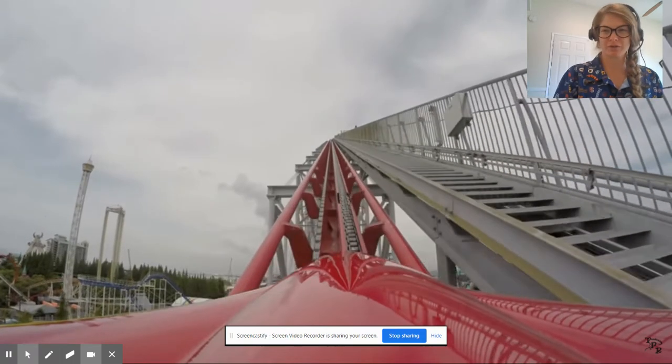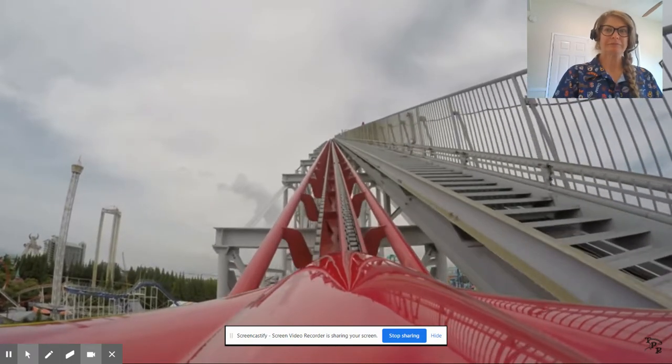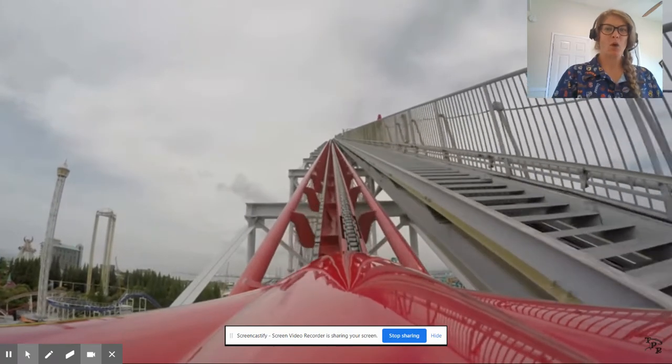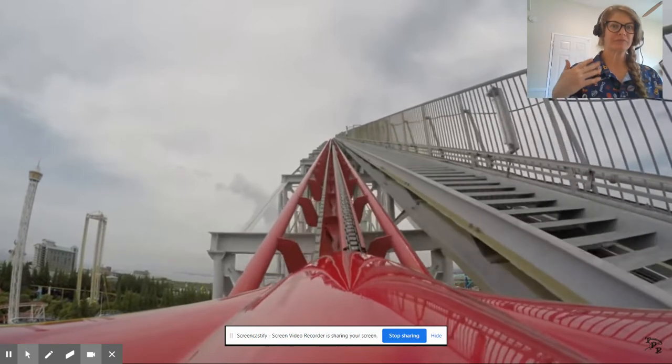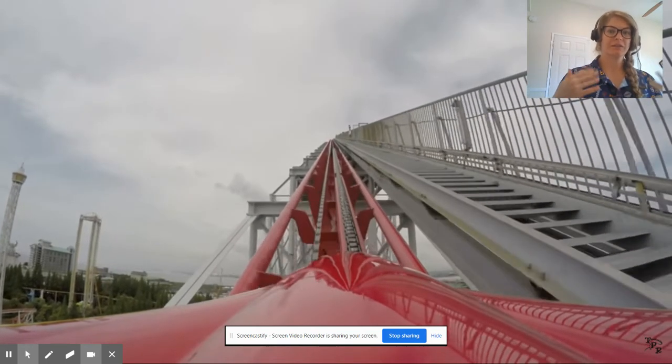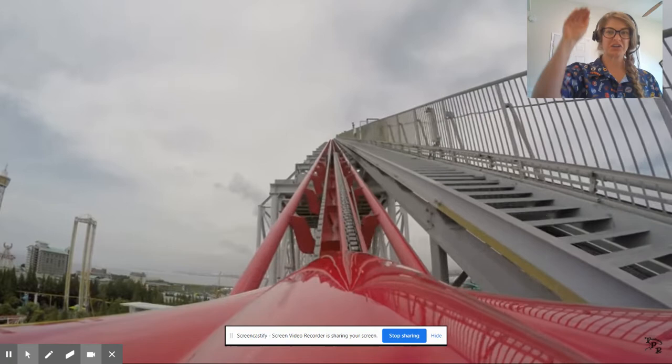Bobsled. Psh. Anticipation. We're going up 400 feet.